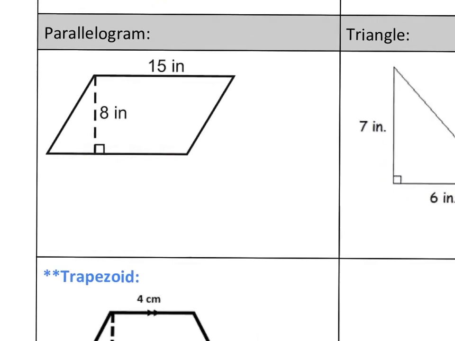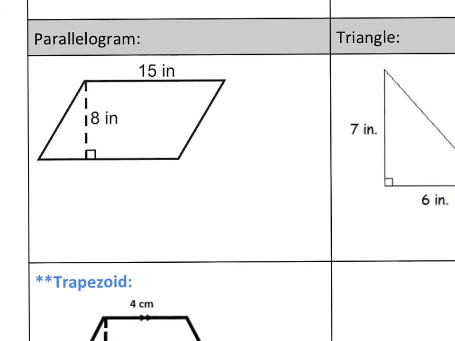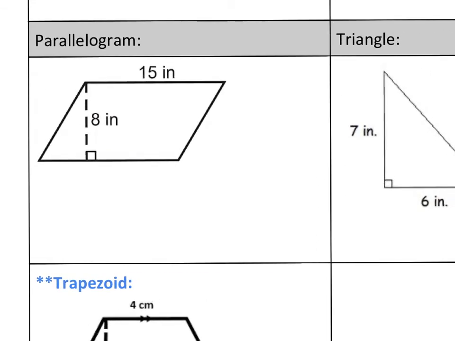All right, moving on to a parallelogram. This is a parallelogram because opposite sides are parallel. And we know the formula, because we just used it twice, is area is equal to base times height.